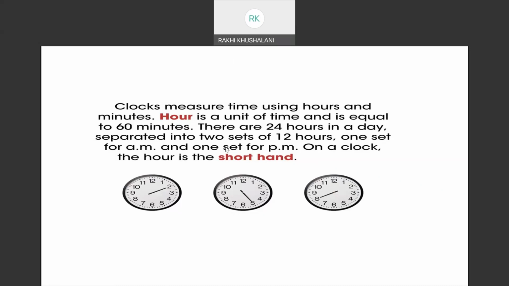You remember when we talk about the morning hours, we say it's 7 a.m., 9 a.m., 12 noon. Once we surpass 12 noon, we start saying 1 p.m., 2 p.m., 3 p.m., 4 p.m., and up to 12 midnight.